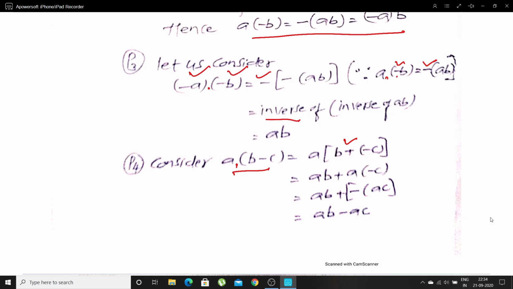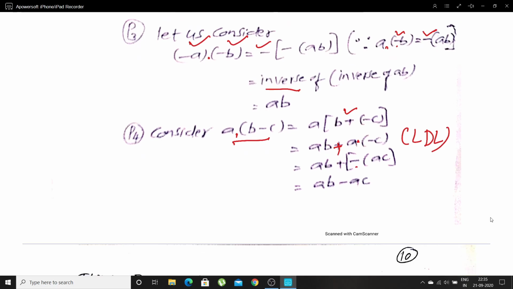Again using distributive law, that is left distributive law, ab plus a dot of minus c. Again a dot of minus c can be written as minus ac. This can be written as ab minus ac. So this is the fourth property.